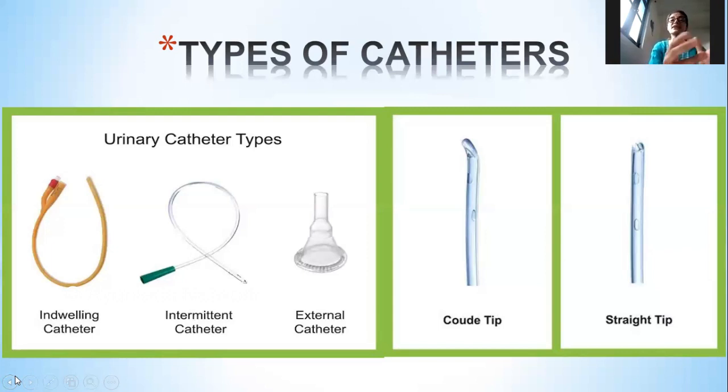Or if there is any other sort of obstruction, then also when you are inserting the catheter, there could be a little problem. To resolve that problem, there is this pointy coude tip catheter, which will help the catheter to move further and relieve a little obstruction. That is why you have a coude catheter, and straight tip catheters, like you saw in the indwelling catheter and intermittent catheter, usually have a straight tip.